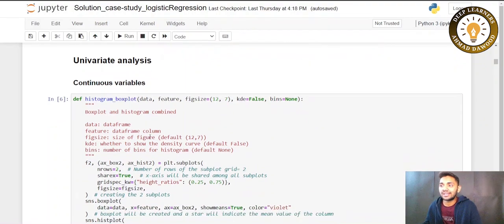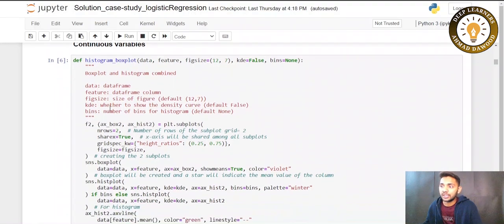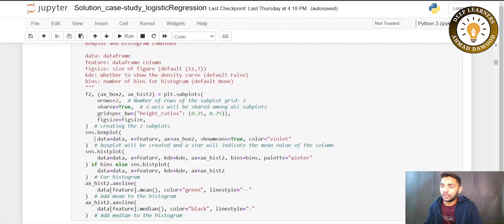Like in the last case study of linear regression, we used the histogram box plot function that can plot a histogram and box plot in one go. The same function I am using here. Using subplot, it will plot two plots in two rows: the first is a box plot, and the second is a histogram.